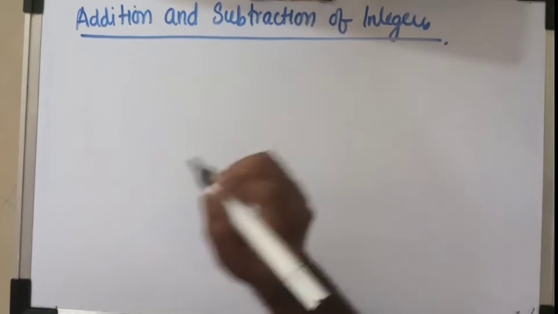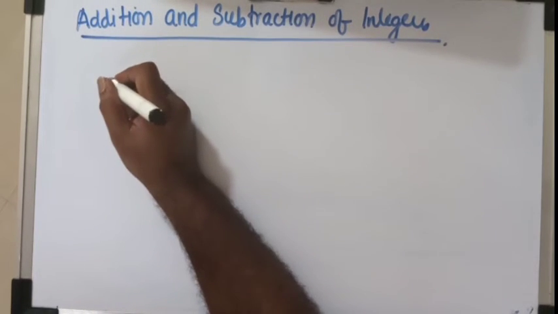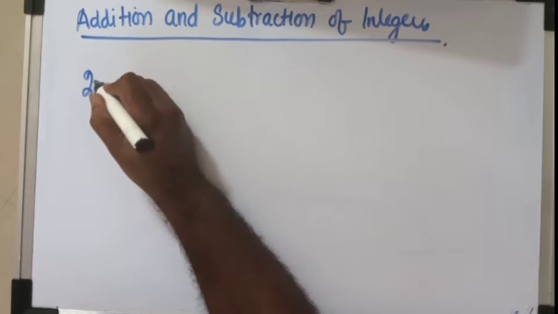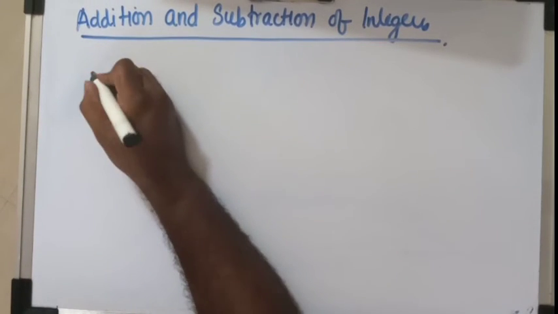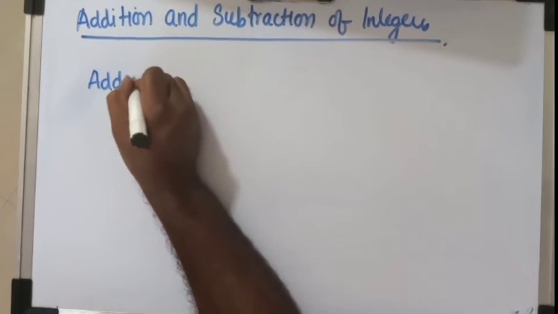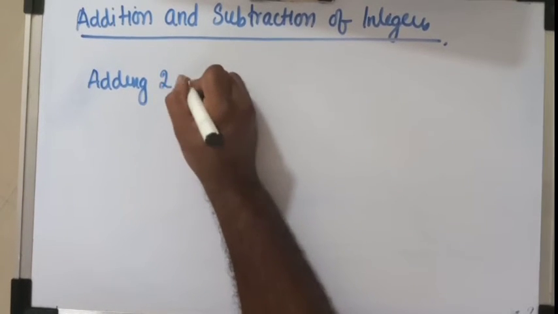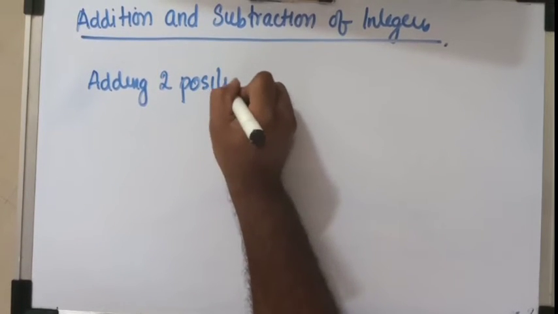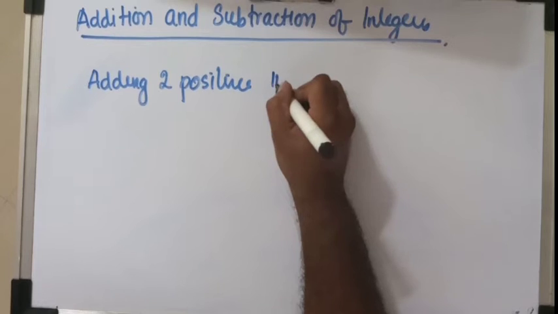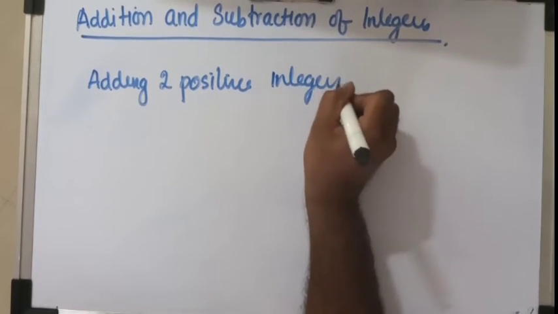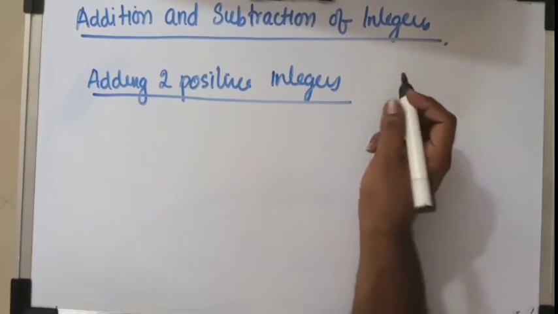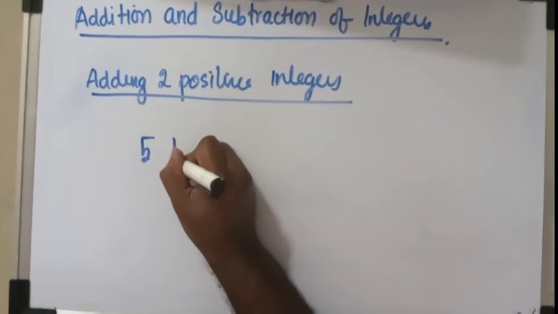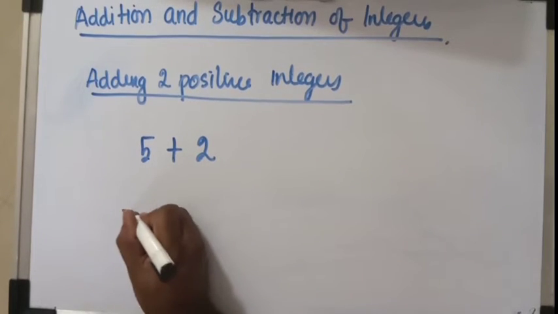Okay, so see children, say I add two positive integers. Adding two positive integers. This is very important. This is where all children make mistakes. 5 plus 2, it's very easy.